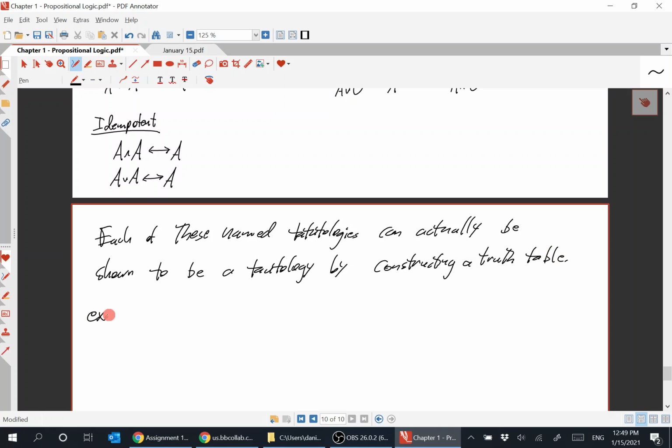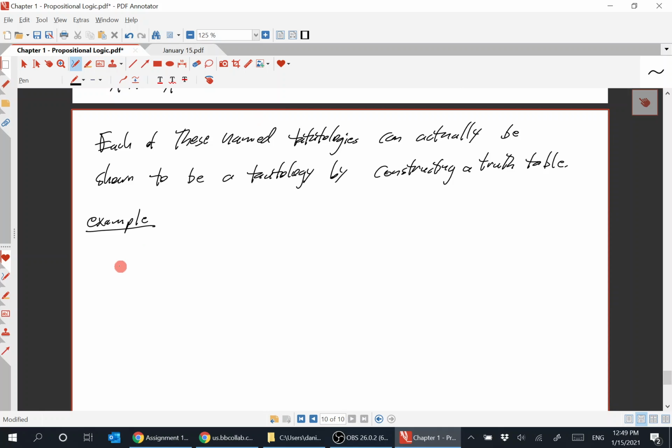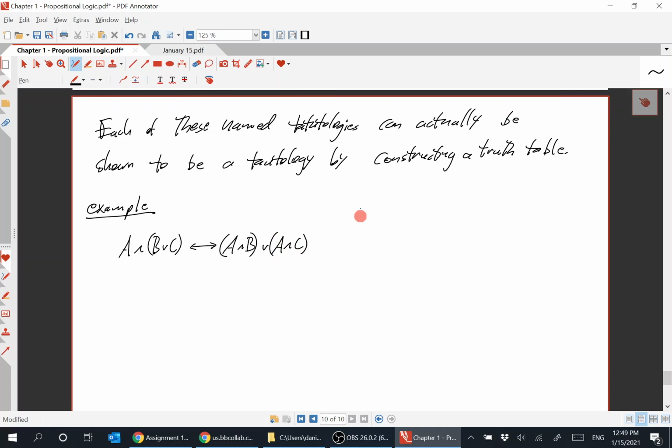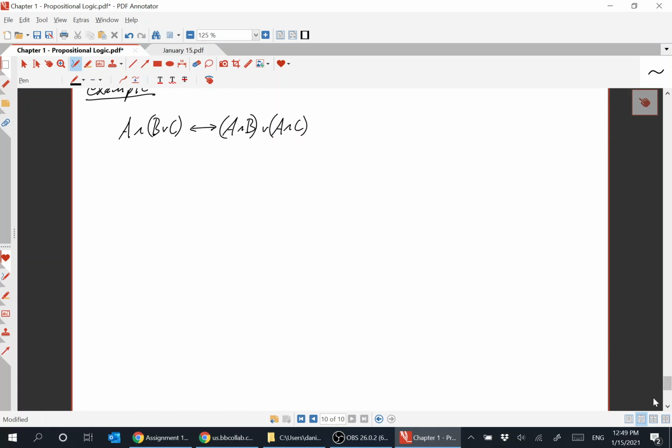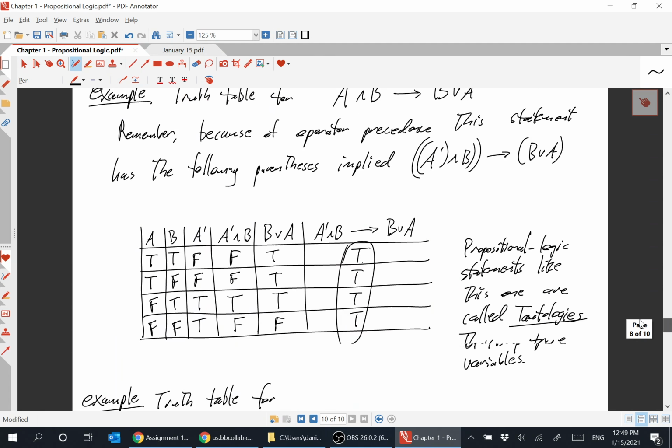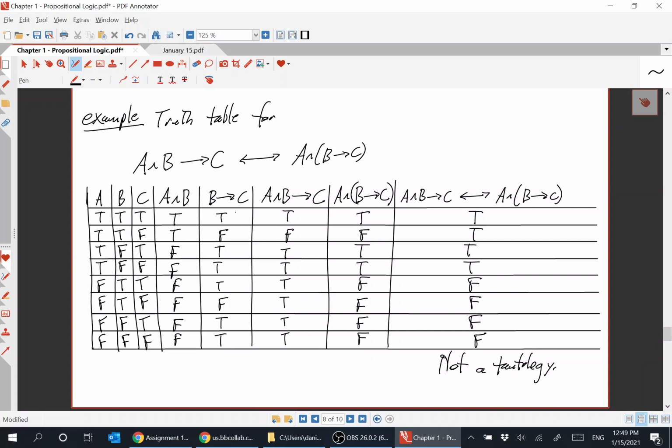So, for example, let's do a truth table for A and (B or C) logically equivalent to (A and B) or (A and C). So we need an 8-row truth table. I'll copy and paste from over here.